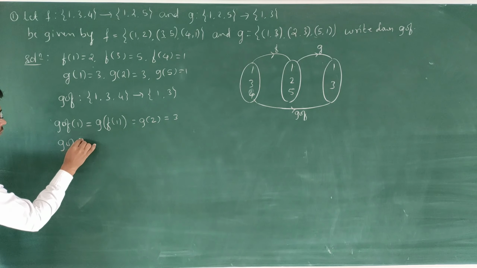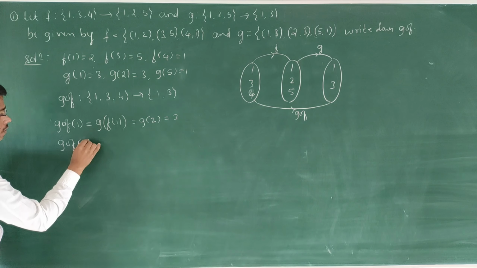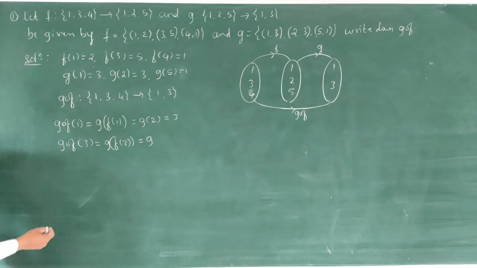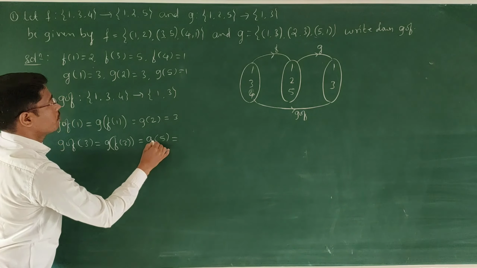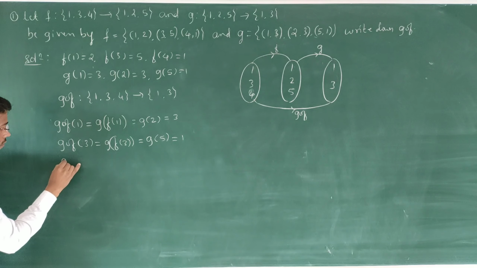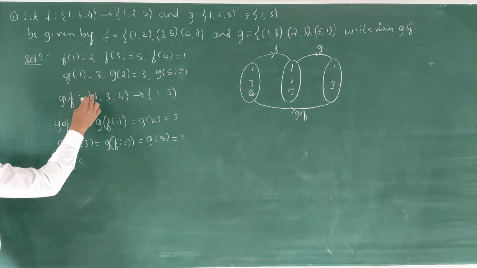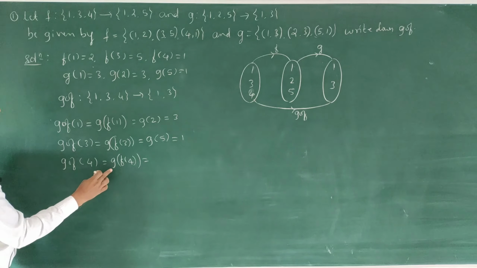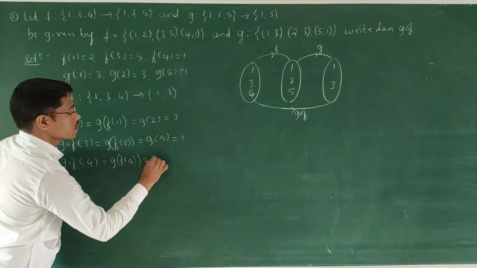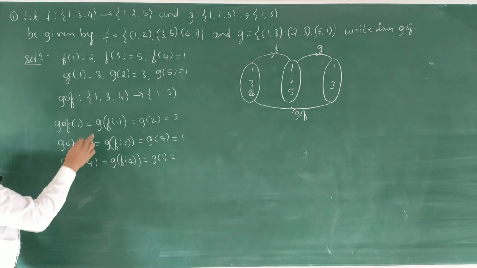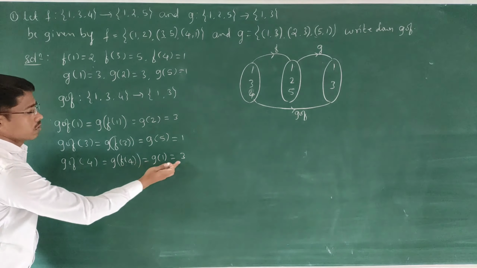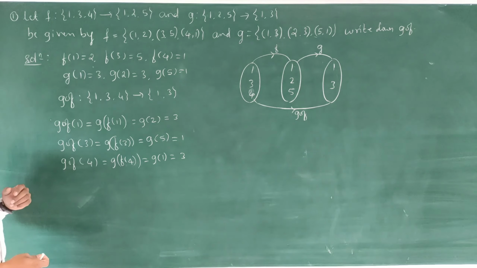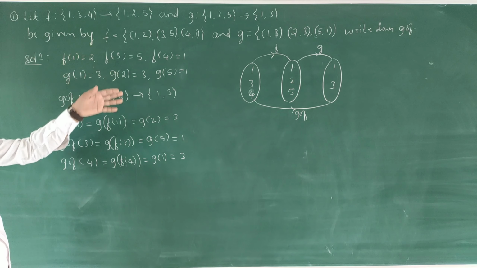Next, graph of 3, second element, g of f of 3. f of 3 is 5, and g of 5 is 1. Next, graph of 4 equals g of f of 4. f of 4 is 1, and g of 1 is 3. So graph of 4 equals 3, graph of 3 equals 1, graph of 1 equals 3. So this is the graph, right?